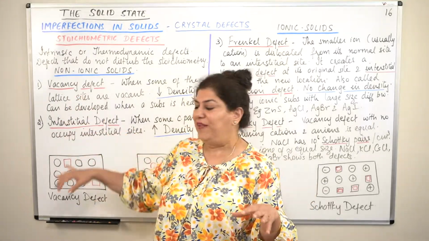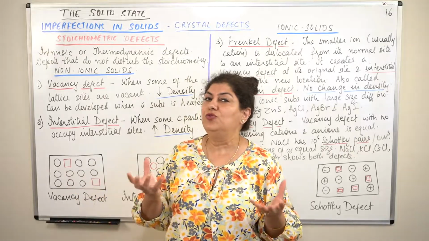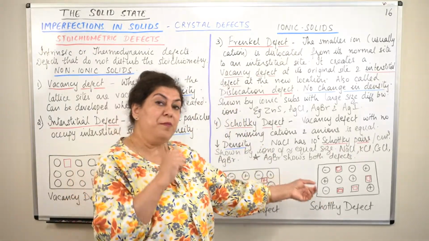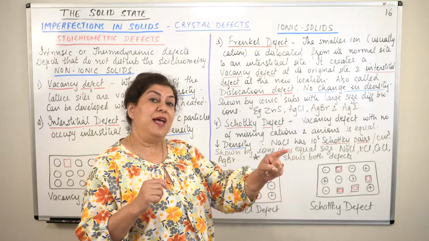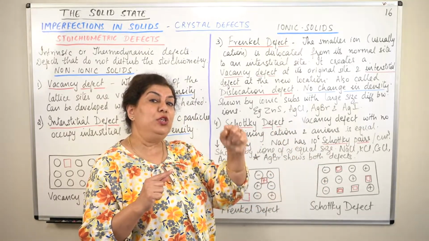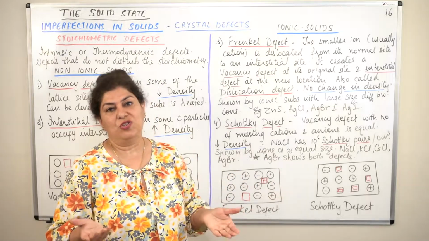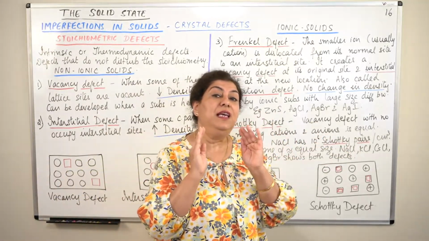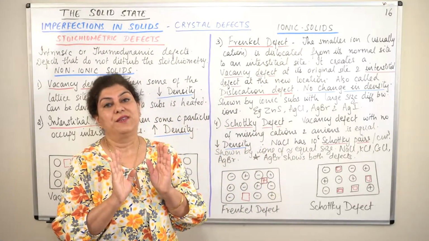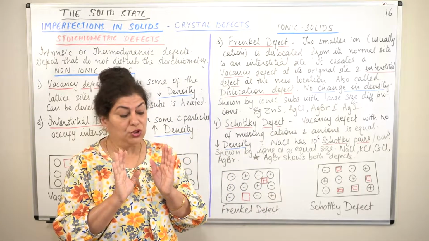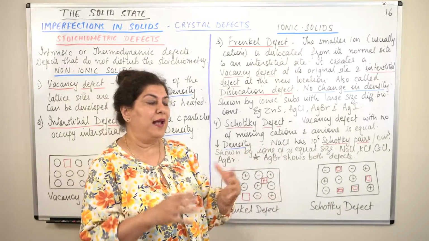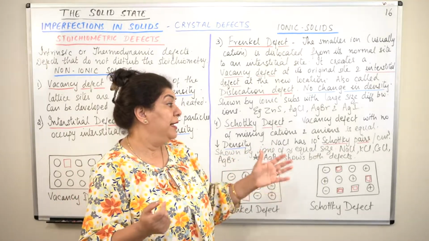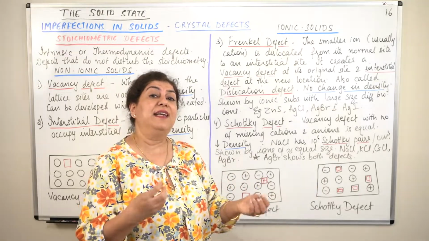Because in vacancy defect, there is no electrical neutrality that had to be maintained. In this defect, the number of positive charges that is lost has to be equal to the number of negative charges lost. Ultimately, the solid should still have equal number of positive and negative charges. So, if you imagine the cation and anion to be single positive, one positive charge of cation, one negative charge of anion, then equal number of cations and anions should be missing.